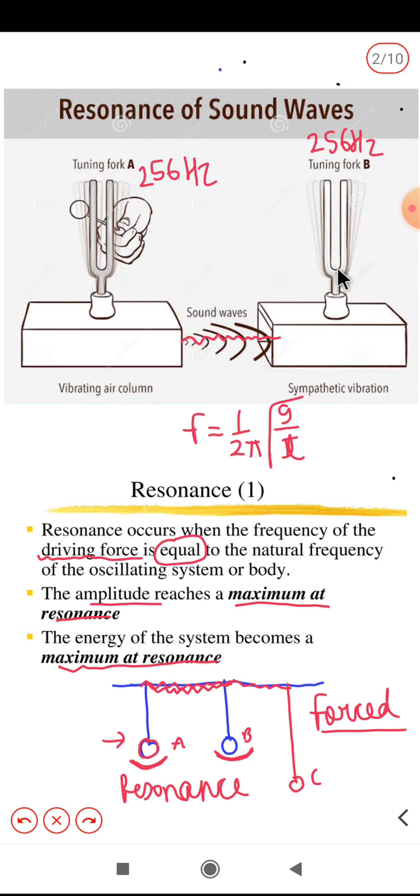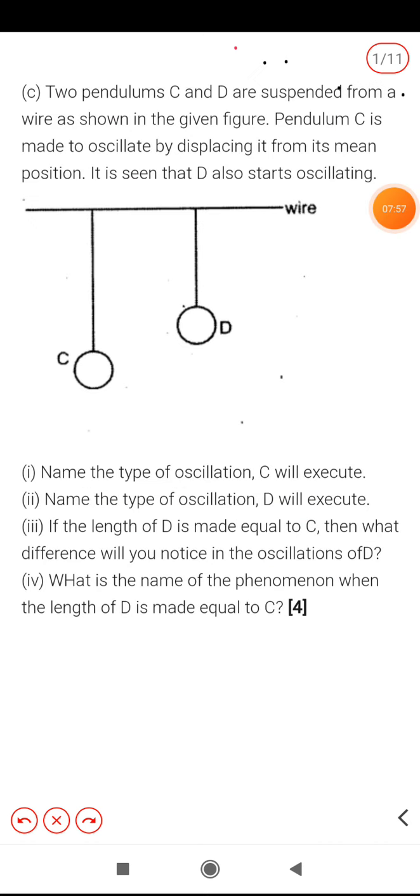The frequency of the external driving force and that of the body has to be equal, then only resonance will occur. Now, let us see a few examples of resonance. This question was asked in the 2019 board exam. It is related to oscillating pendulums. As you can see here, the lengths of C and D are different, so their natural frequencies will be different.